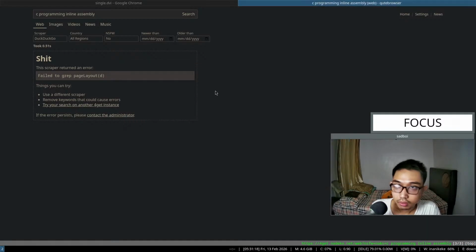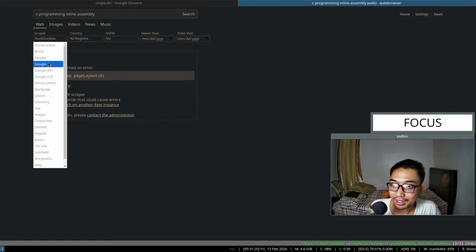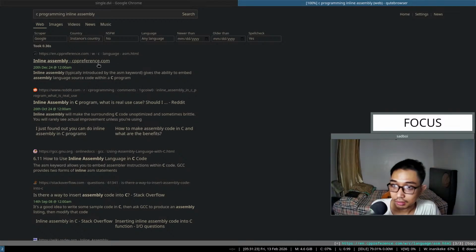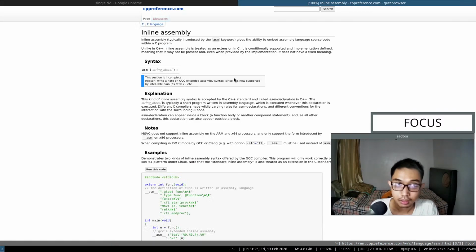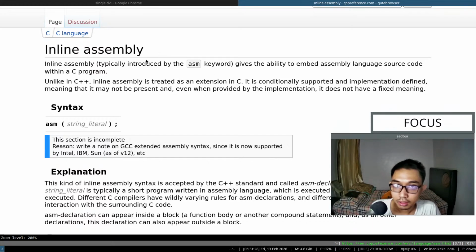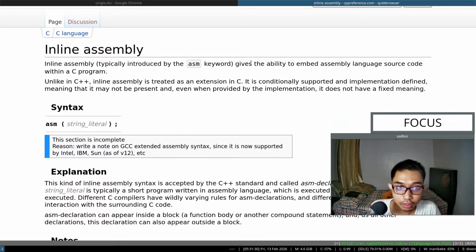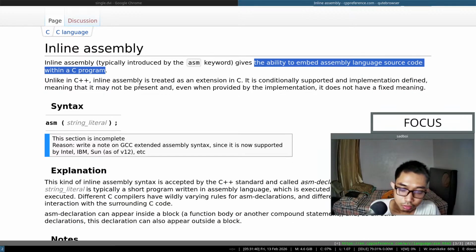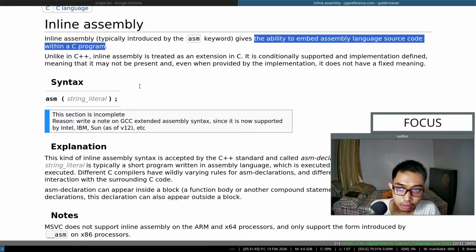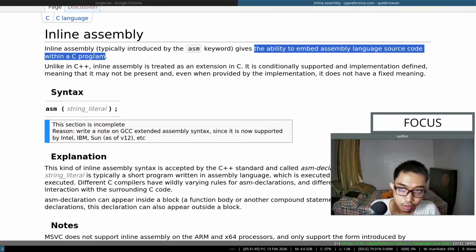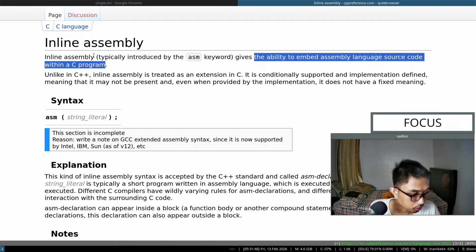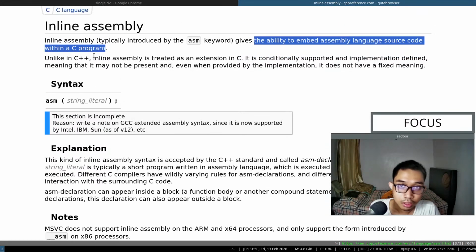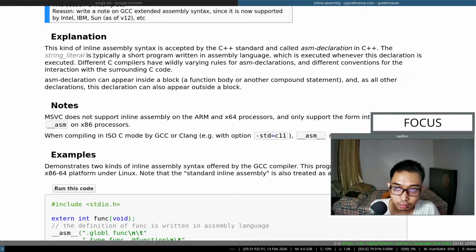And I think I've done that previously. It gives the ability to embed assembly language source code within a C program. So maybe we can do that using assembly if you don't want to use any abstraction.